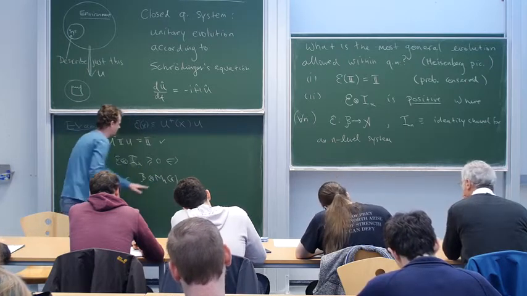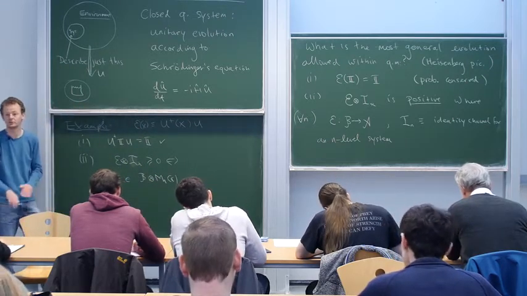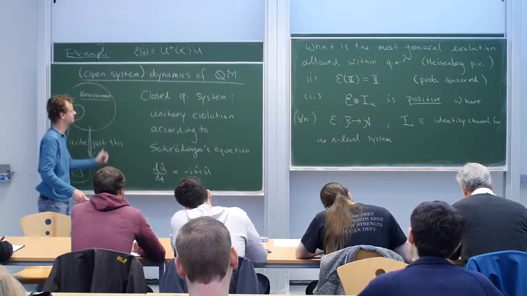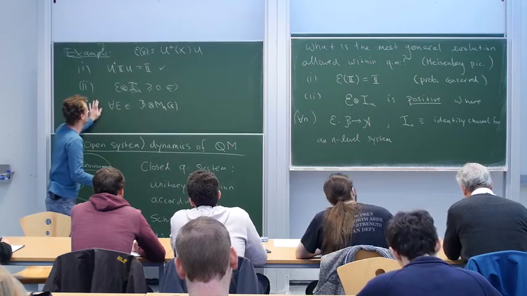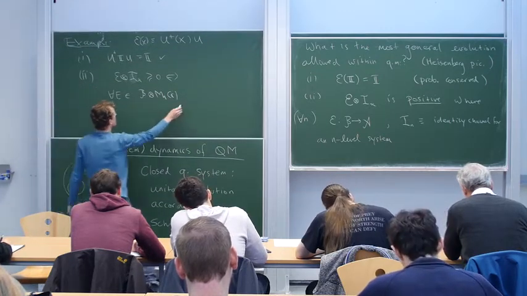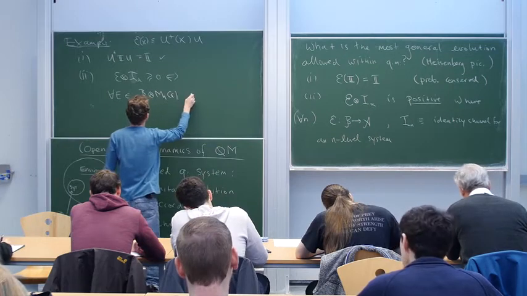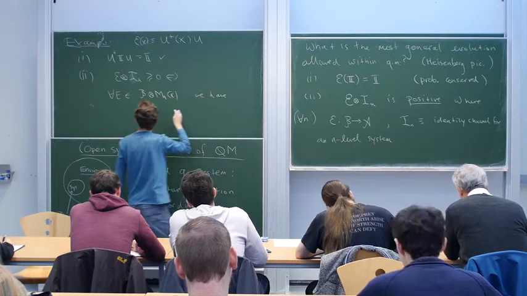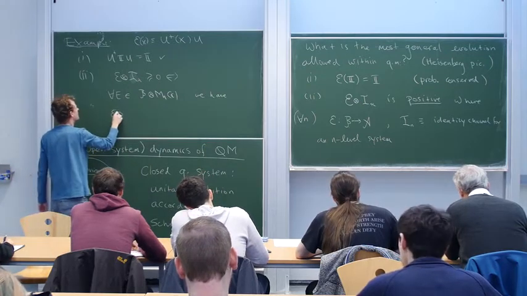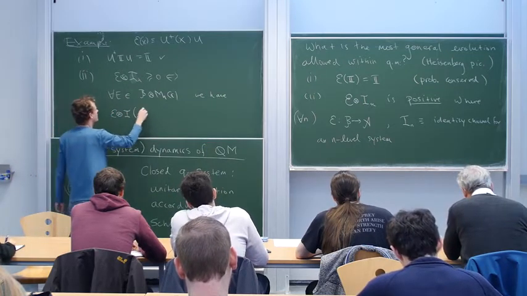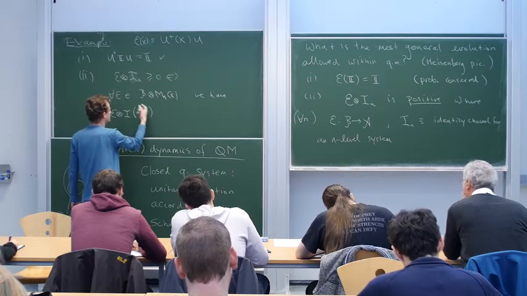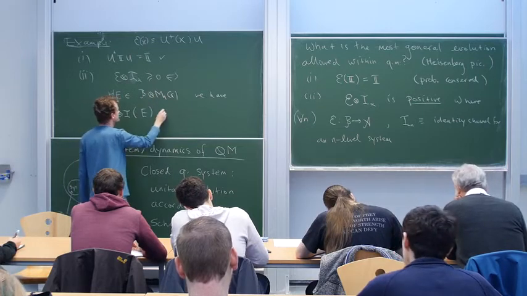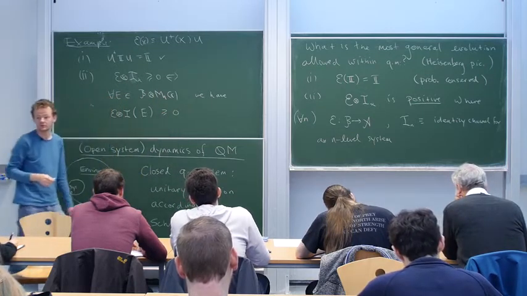so all possible valid outcomes of a quantum mechanical measurement, we must have that this object here, this matrix, if this is a finite dimensional system, is a positive matrix.